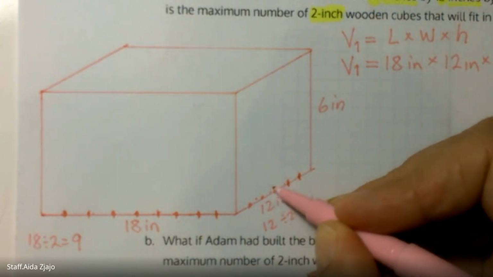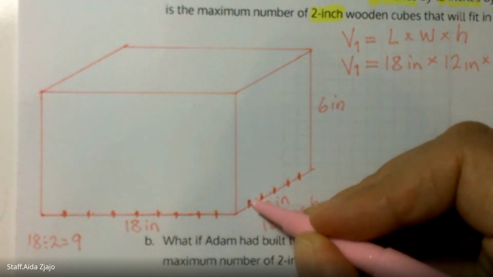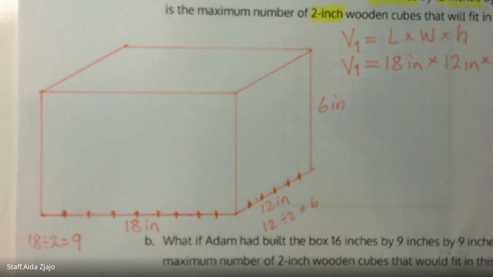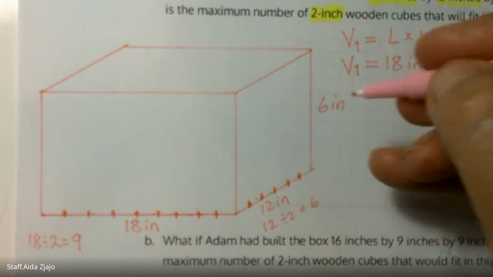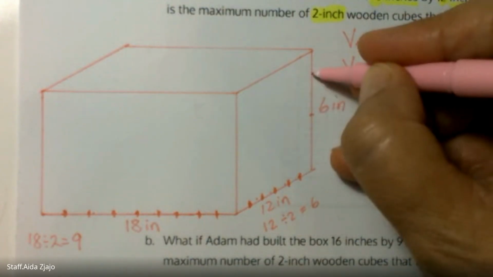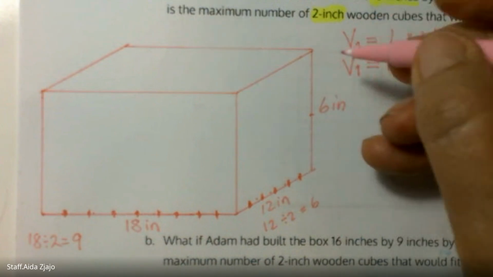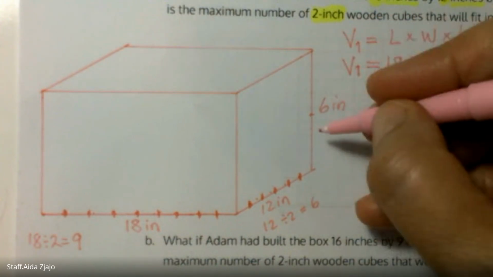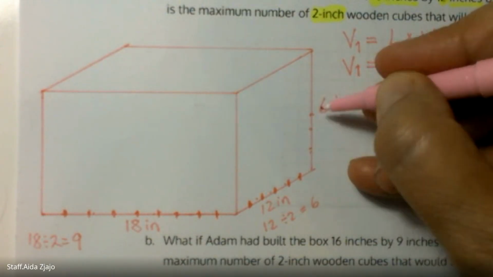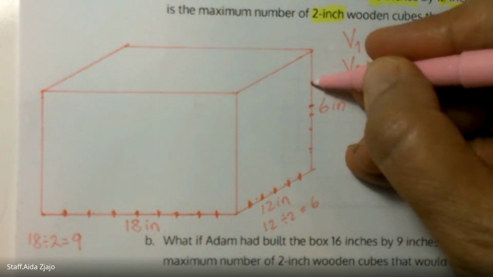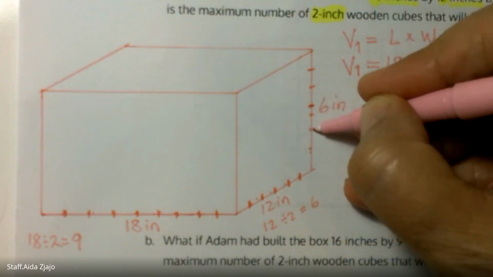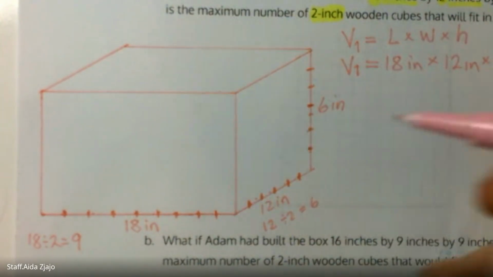So that would be 6 units I made. And then for the 6, I need 1, 2, 3, 4, 5, approximately.